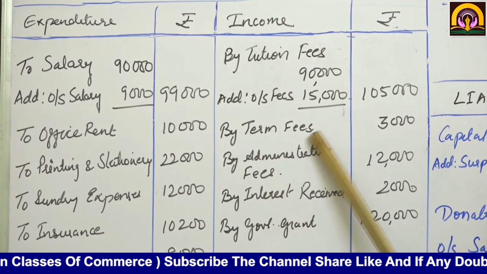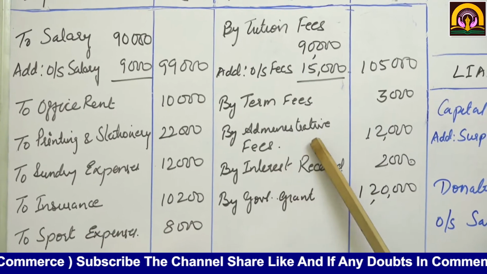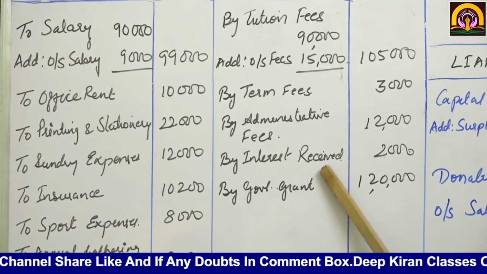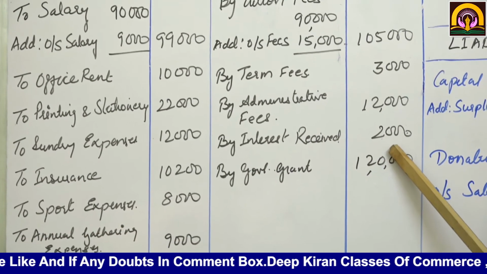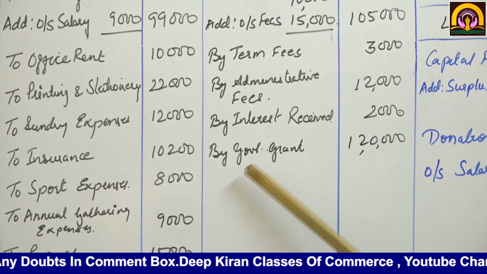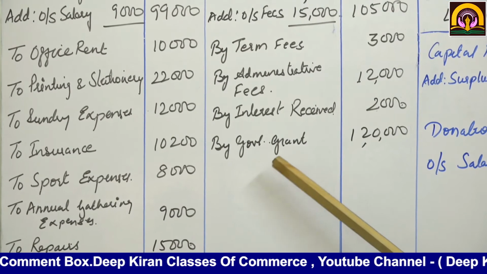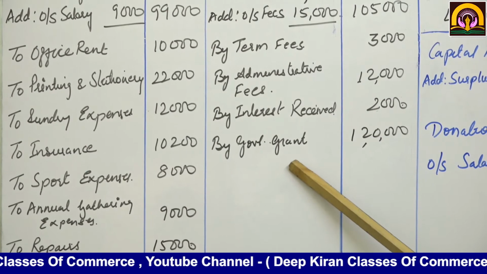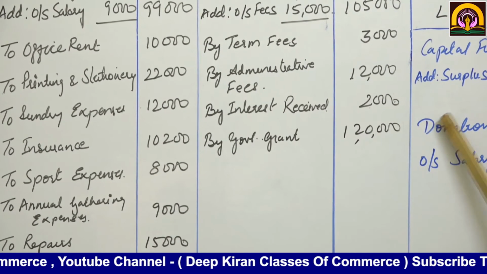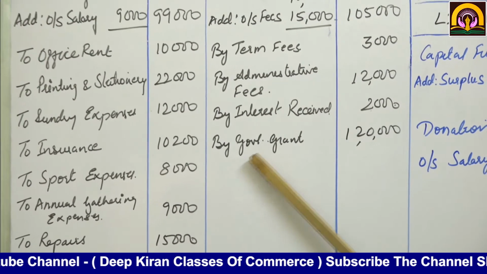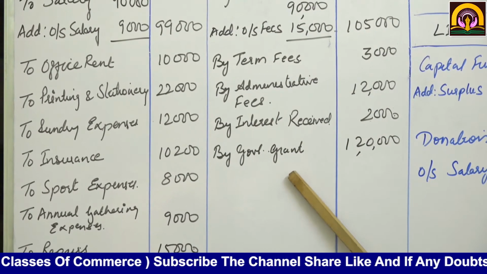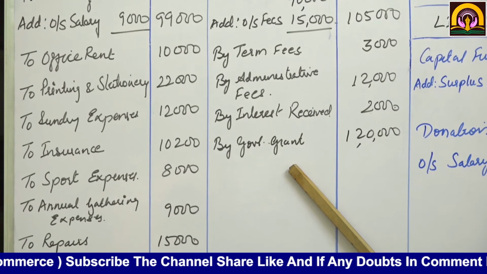By term fees 3,000, by admission fees 12,000, by interest received 2,000, by government grants. If they had not mentioned in the bracket as revenue, then we would have taken it as capital receipt. But since they have mentioned it, we are going to take 1,20,000 as revenue income.